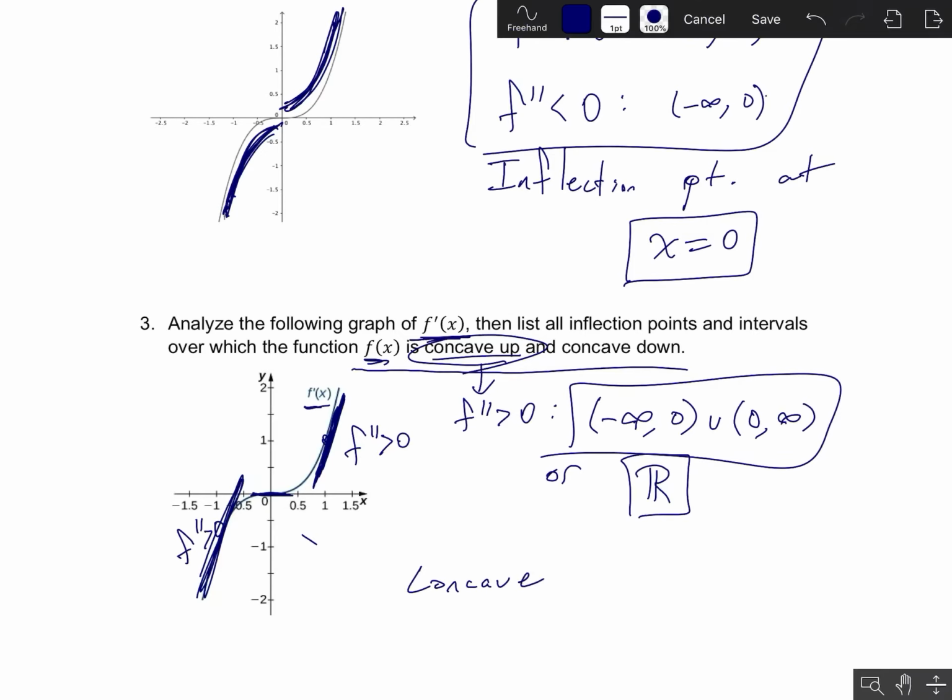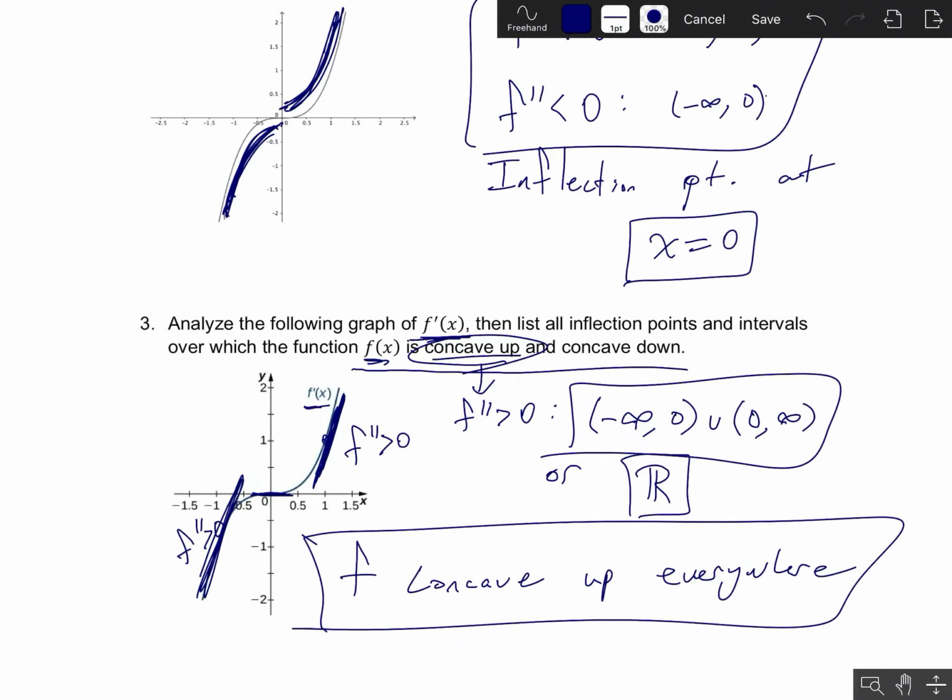So I would just say that f is concave up everywhere. And in particular, there aren't any inflection points because f never changes concavity. It goes from concave up to concave up again, so it's never going to change from up to down or down to up. So you could say no inflection points.